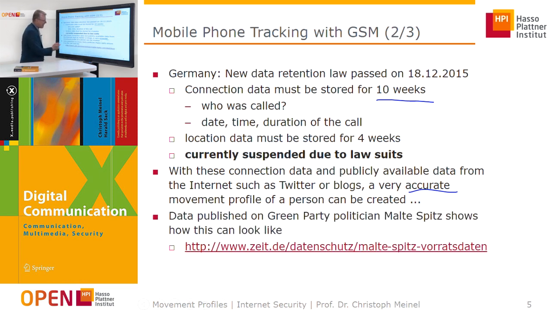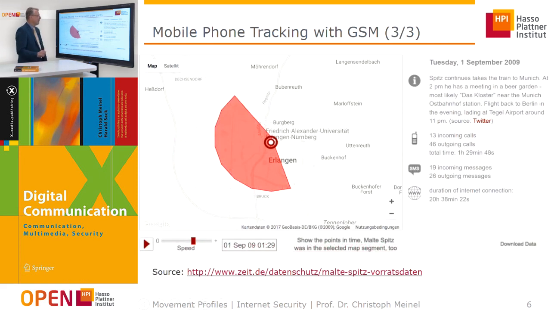And exactly this: movement profiles. For example, data that were published on Green Party politician Malte Spitz in Germany show how this could look. On his website he showed this, bringing together information from Twitter activity, from the incoming calls, from the outgoing calls.